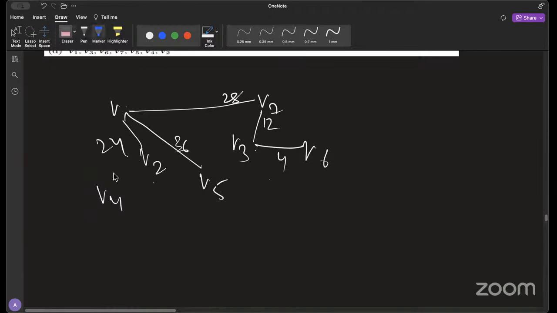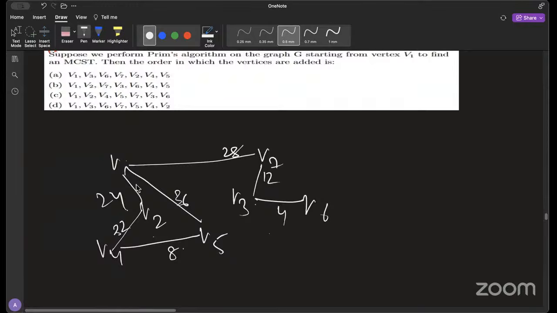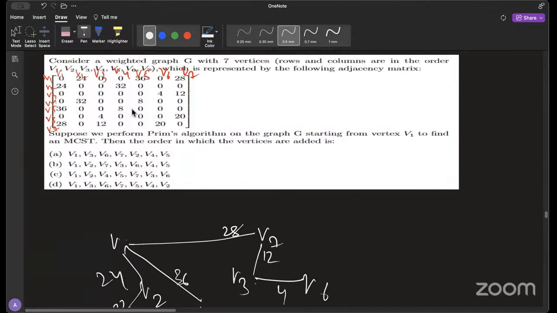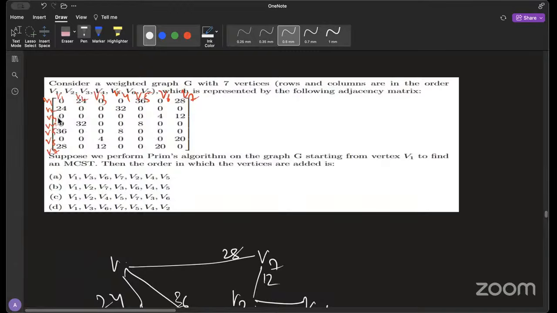Ma'am, some of the weights say 0 here. What is the meaning of this 0 in the matrix? When you have 0 here, that means there's no edge, right?